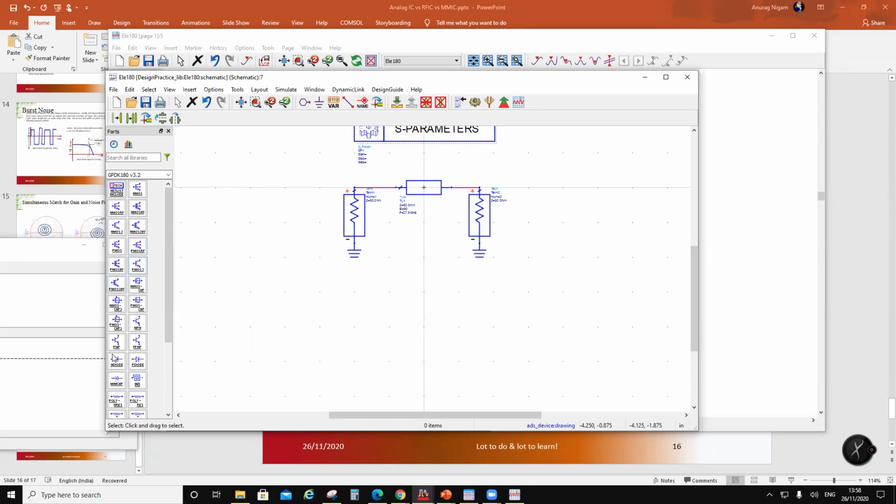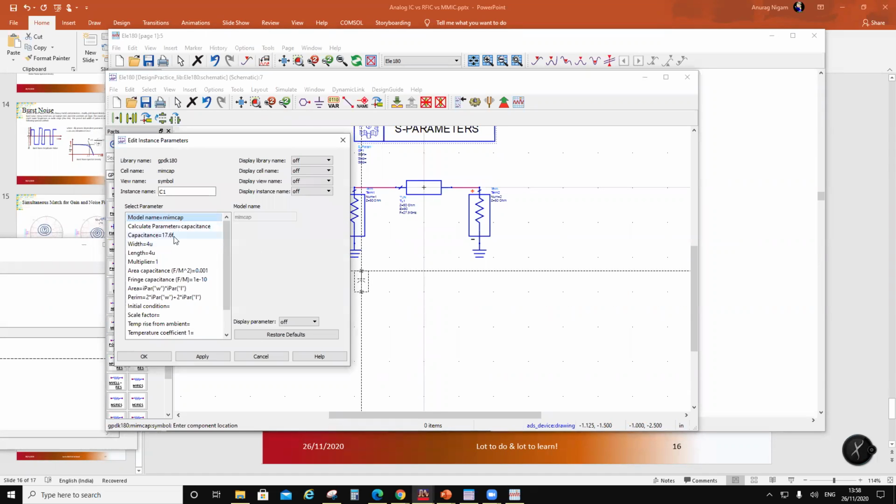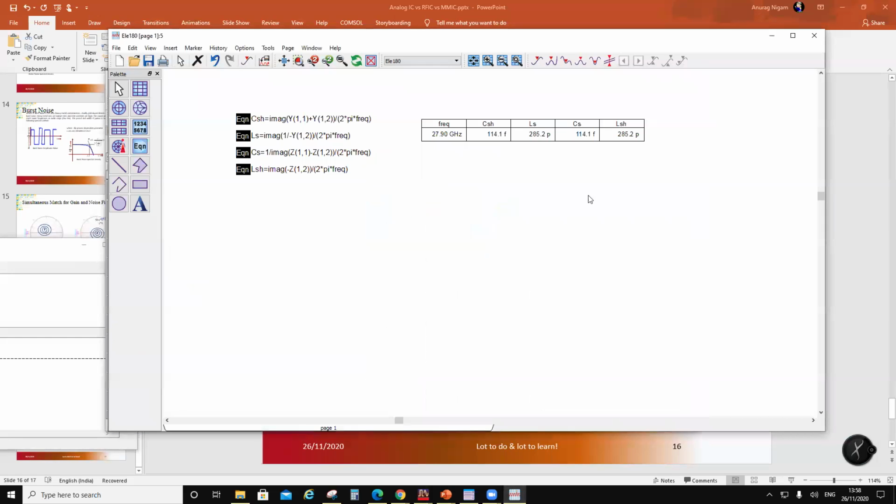That capacitance is going to be 114. So 114 means this is 12 and this is 12. So 148 is too high. 10 and 10. Let's see, 10 and 10. So 104. What do I need? I need 114, right?